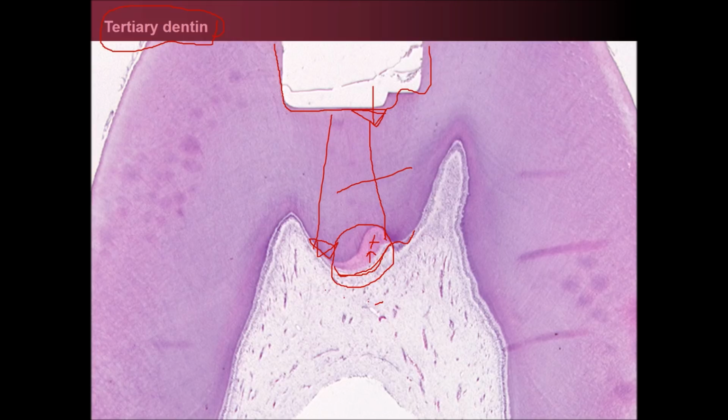This is a reactionary dentin, or response dentin, in response to a stimulus that leads to either death of the original odontoblasts, or some of the cells will die and the remaining will produce new dentin, reactionary or reparative dentin or response dentin.